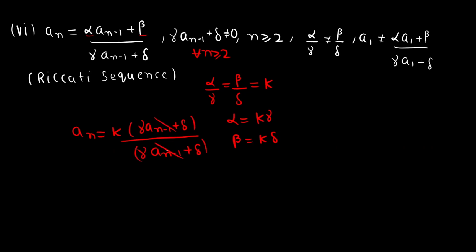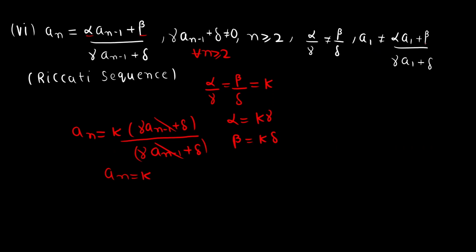Now these both terms will be cancelled and we'll have an as a constant sequence, which we don't want. That is why we are putting a not-equal sign in between.